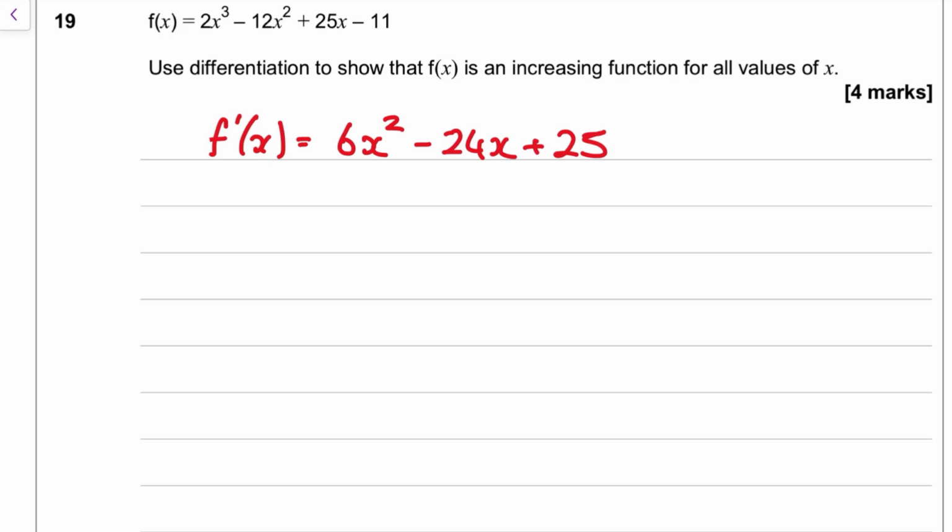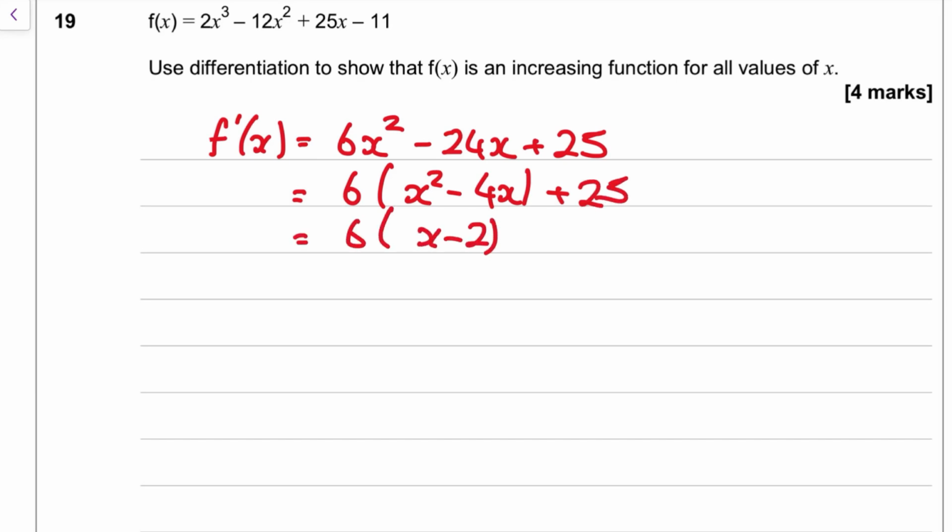So the technique I'm going to use is I'm going to complete the square, which shows that all values are above 0. So if I complete the square, that gives me 6x squared minus 4x plus 25, which is the same as 6x minus 2 squared minus 4 plus 25, which is 6x minus 2 squared. 6 times minus 4 is minus 24, plus 25 is 1.